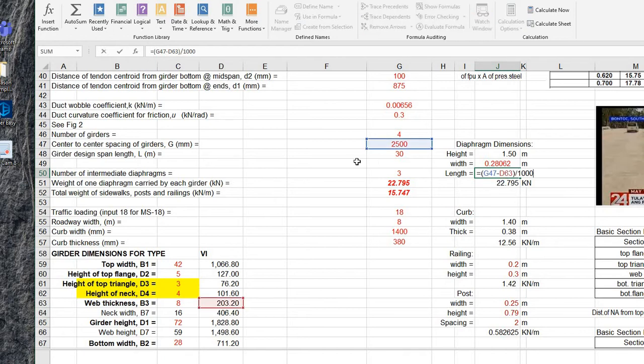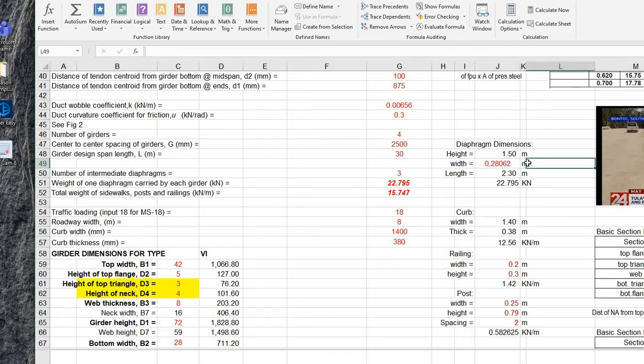This is center to center, 2500 minus web thickness 203.2. And then, yung width, so input data yan, 0.28062 meter. Okay? So, if you will multiply height times width times length times 23.6 will give you 22.795. Okay? So, ayan yun.